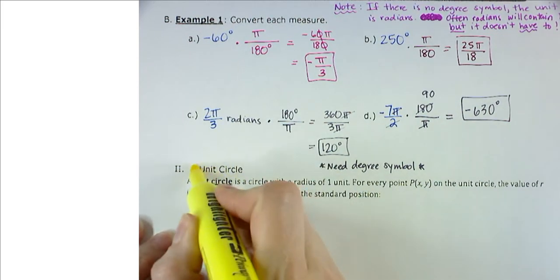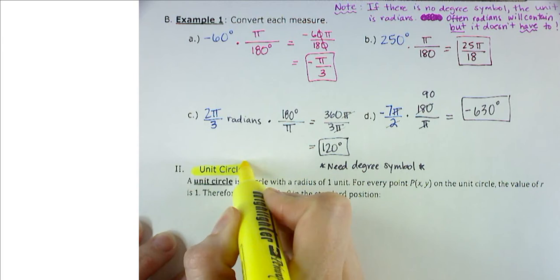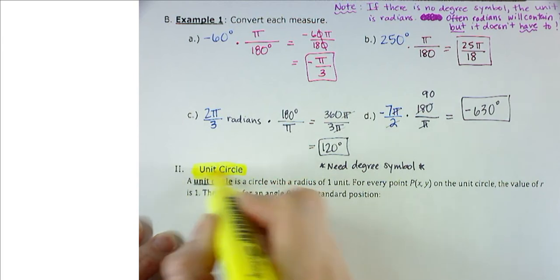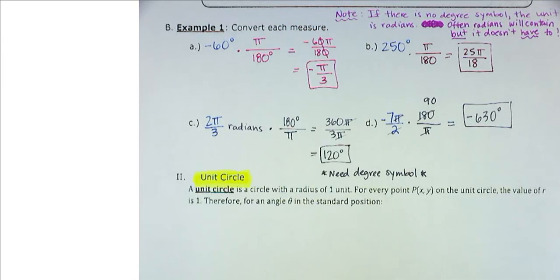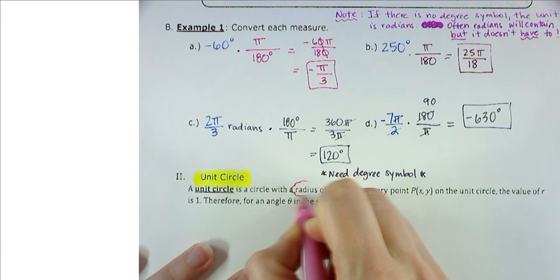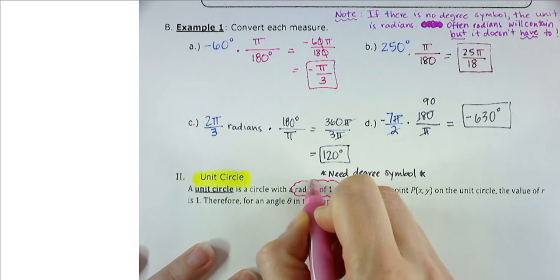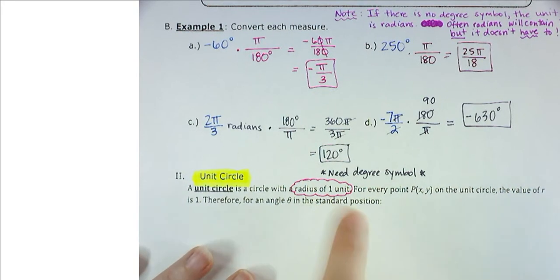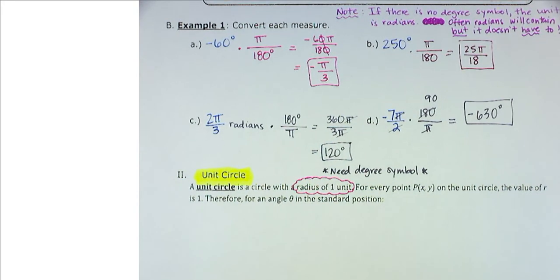One thing we want to point out is that a unit circle is going to be a circle that has a radius of 1 unit. So the radius of the unit circle is 1. Okay, that is always the case here. The radius is 1. For every point that is on the unit circle, the value of r is 1.